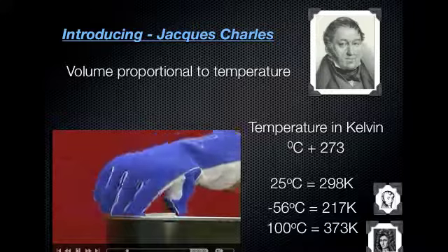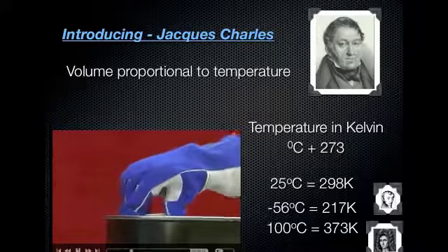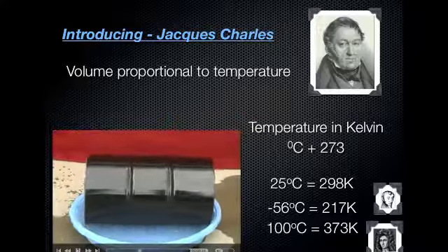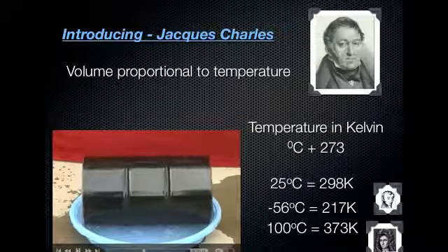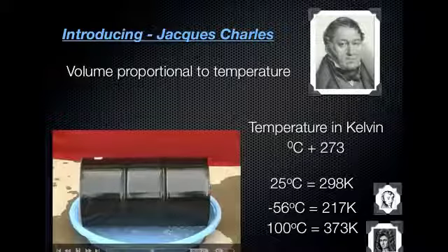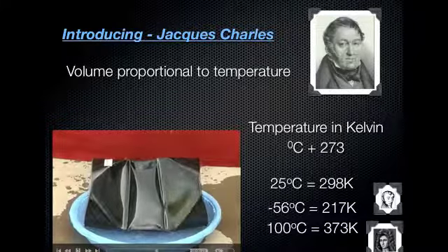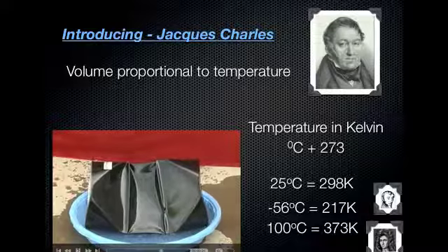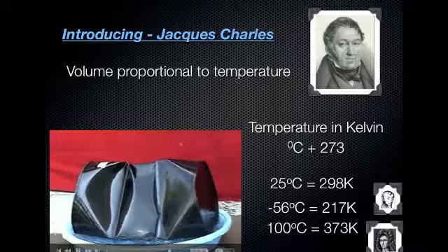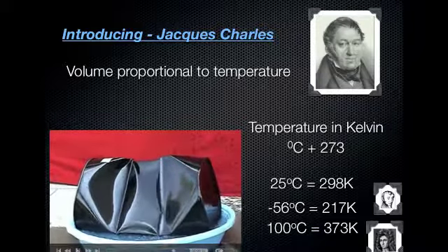What we're going to do is close off our drum and place it into an ice bath. When it's in the ice bath, the gases inside the drum are going to cool right down. And what happens? The volume decreases dramatically. You can see it here at another angle, and bam, volume decreases dramatically.